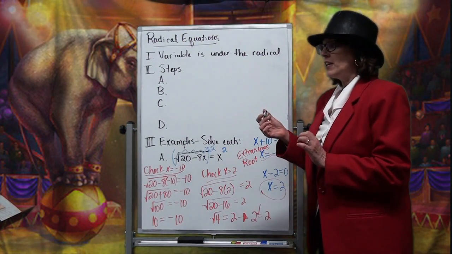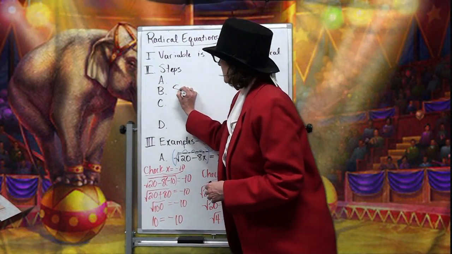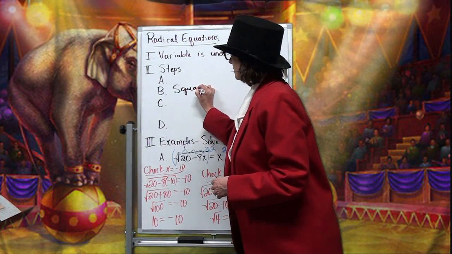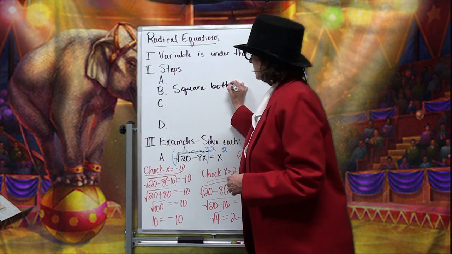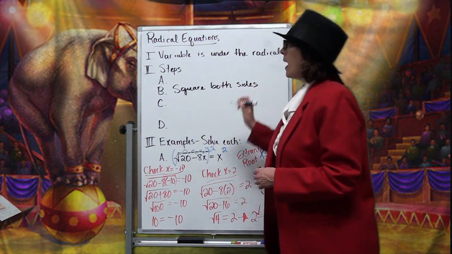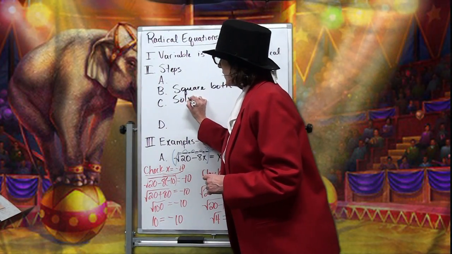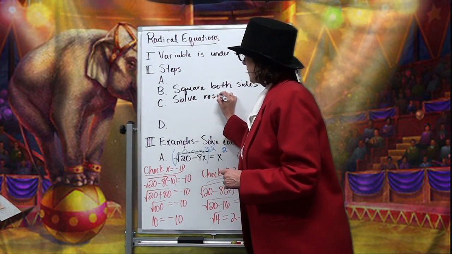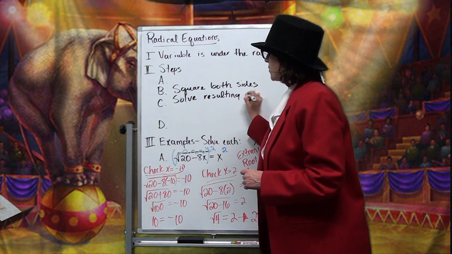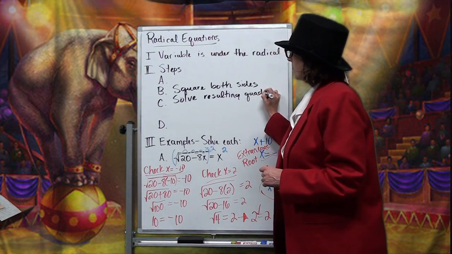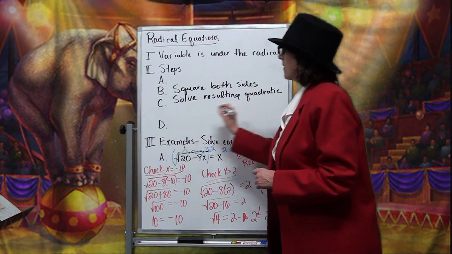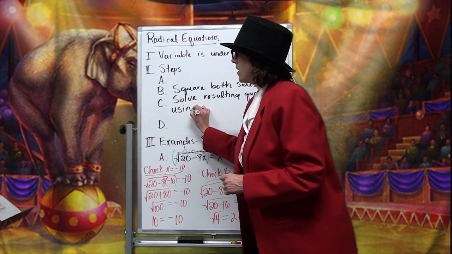is you definitely need to square both sides. And once you square both sides, you will have a quadratic that you will be able to solve. So solve the resulting quadratic using any of those 4 quadratic methods.